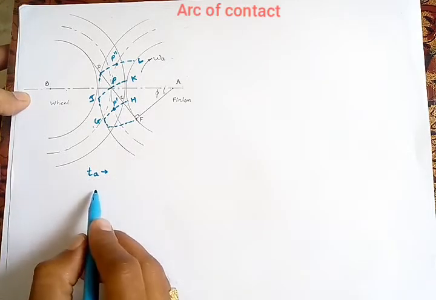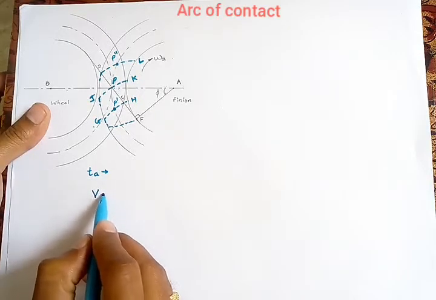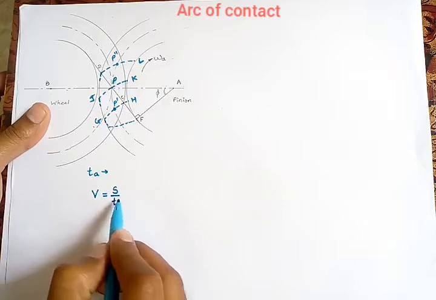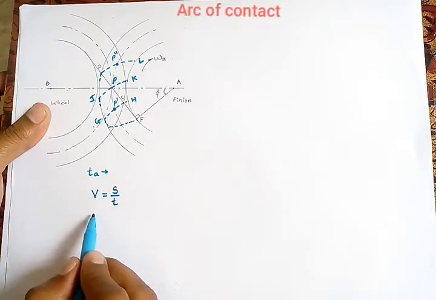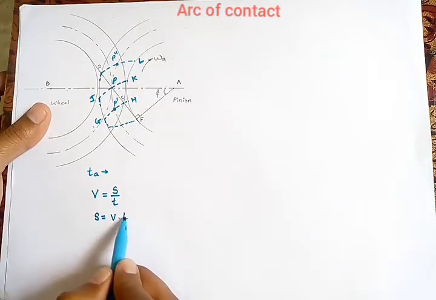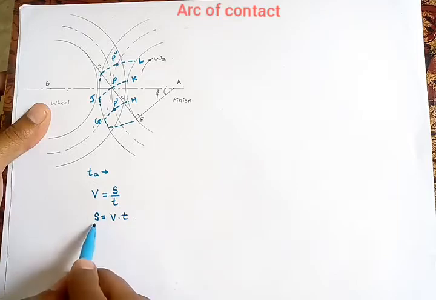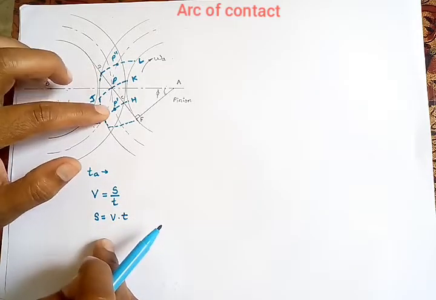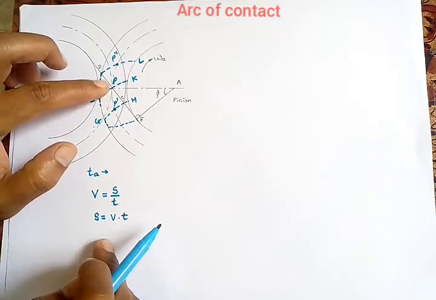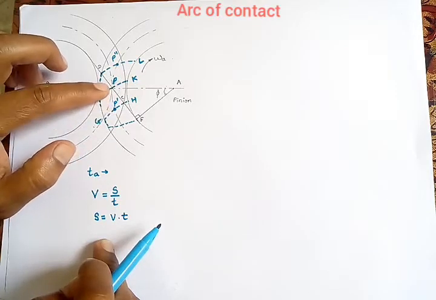Now we do know that velocity is equal to displacement upon time, or if we want to find the displacement, it is equal to the velocity into time. So in this case, what is the displacement? Displacement is the arc of approach, that is distance P dash P.